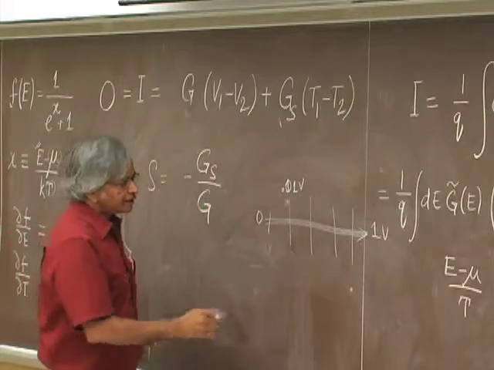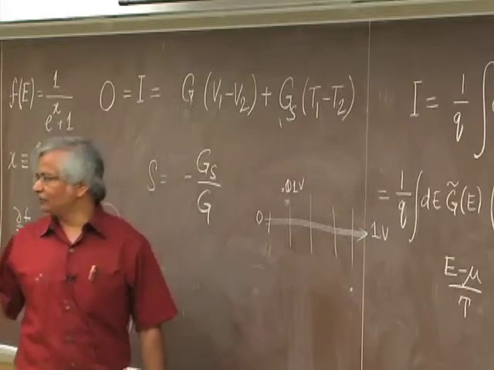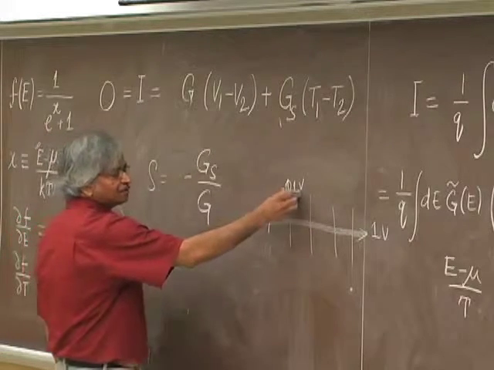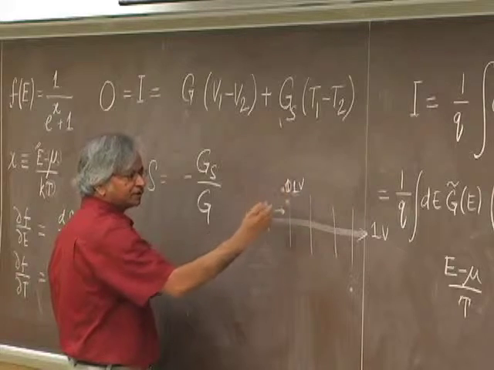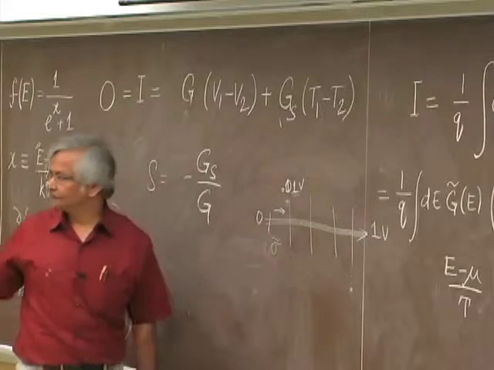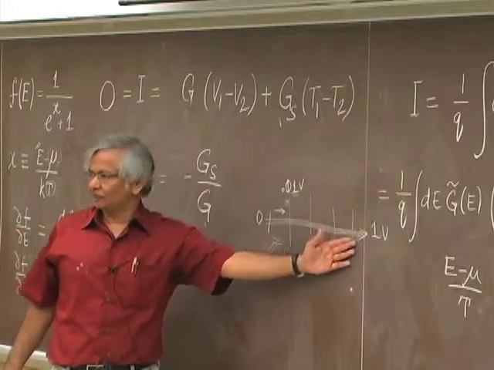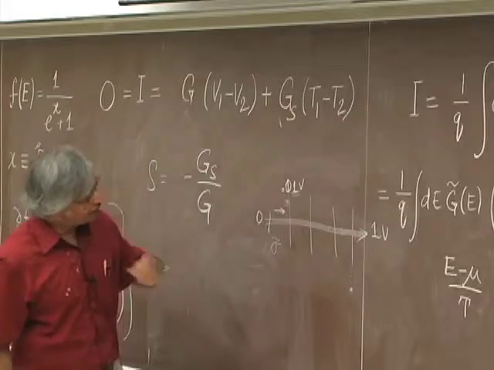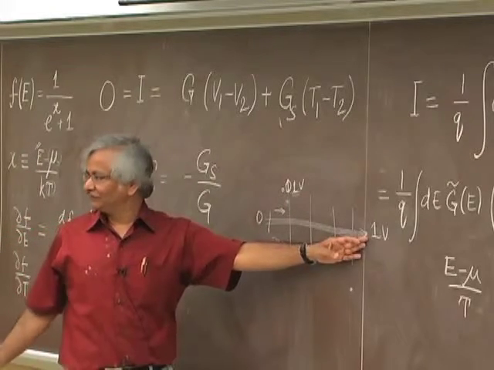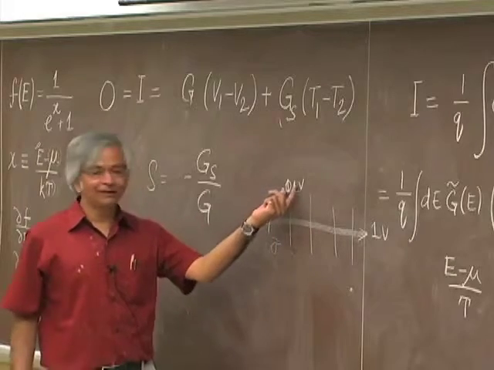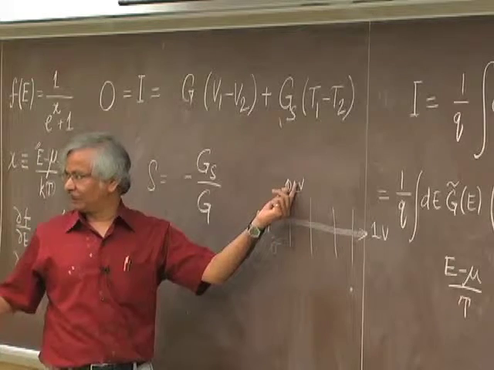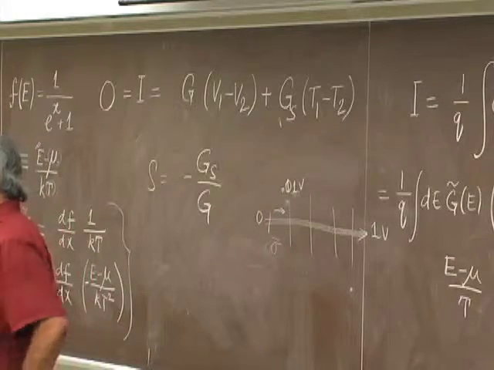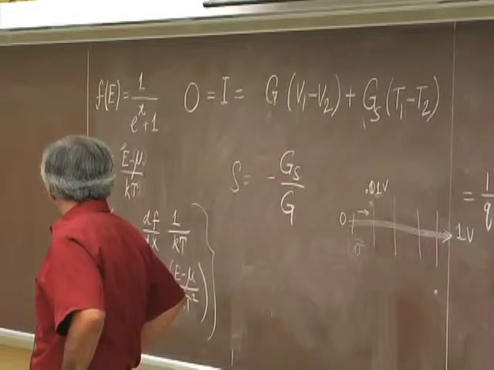The point I'm making is that when you're trying to find the conductivity of this bulk material, you'll assume this much voltage, find what current flows, take the ratio and extract a conductivity, and that would be representative of this whole big sample. On the other hand, if you said I put 1 volt, how can it be linear? Then that's not quite right. It is this quantity that needs to be much less than KT. When you have a temperature difference, you have the coefficient like E minus mu over KT squared coming, right?